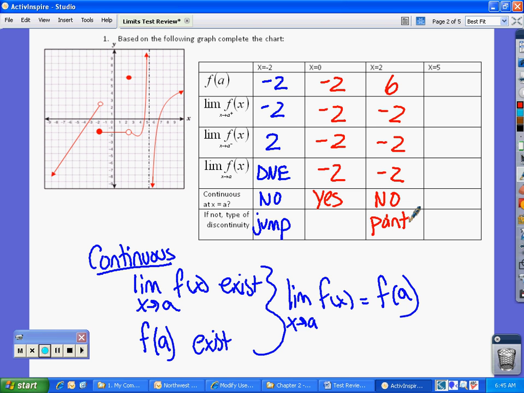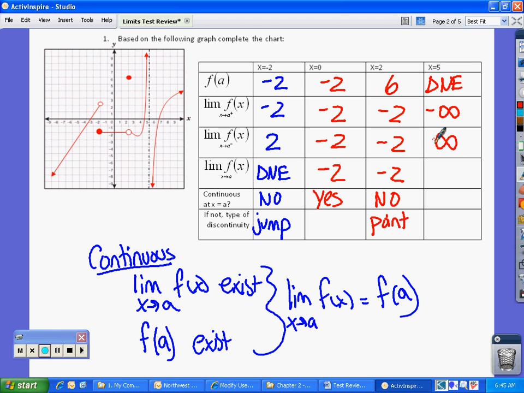x equals 5. What is the value of the function at 5? Well, there's this vertical asymptote, and there are no points. So it does not exist. What is the limit as we approach 5 from the right? We are going towards negative infinity. The limit as we approach 5 from the left is going up towards positive infinity.